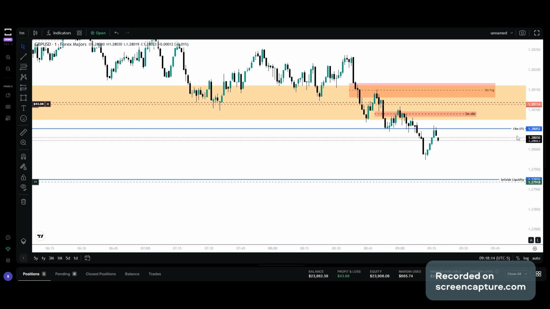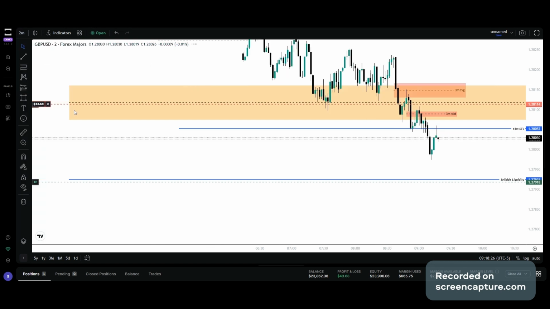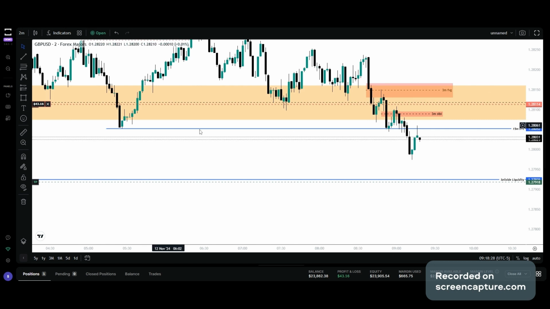That's also that 15-minute short term low. It's the same price level as this 2 minute order block. We got a nice little reaction away from it. Nice wick.